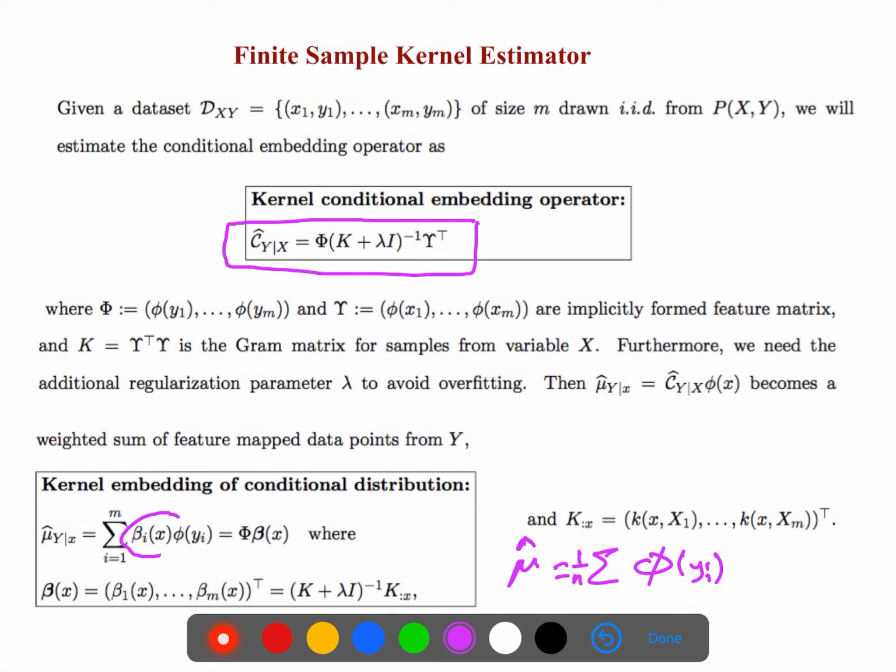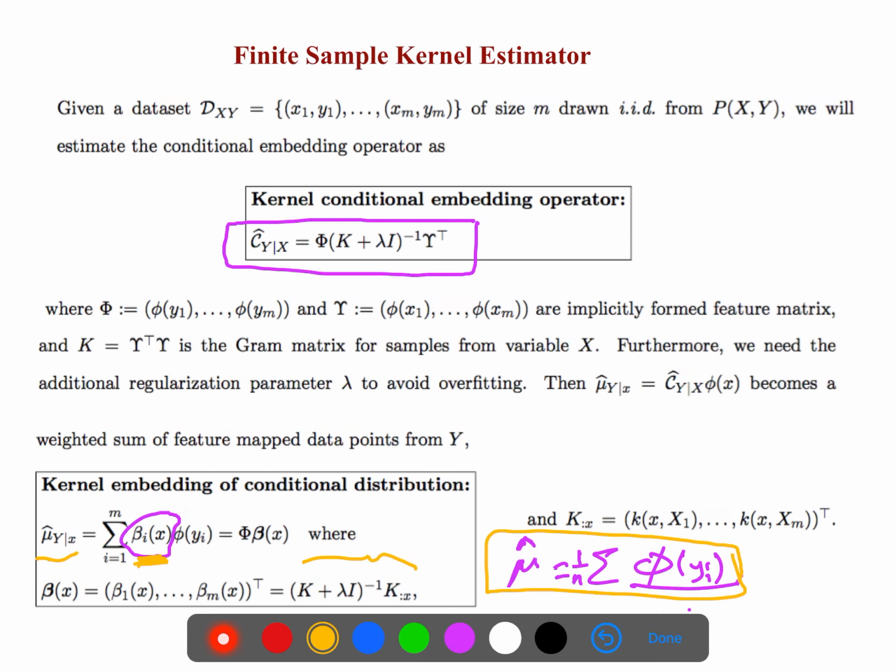But here, this is just a weighted sum of those. So when we talk about conditional mean embedding, it's just the old empirical approximation, but here it is just some weighted approximation. And these weights we have calculated, it is this one.